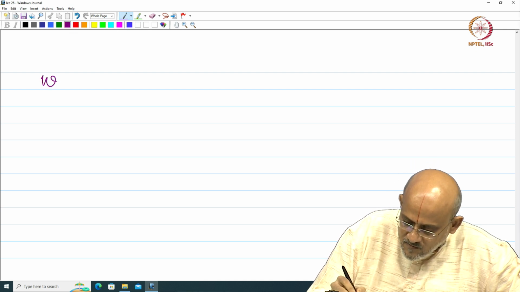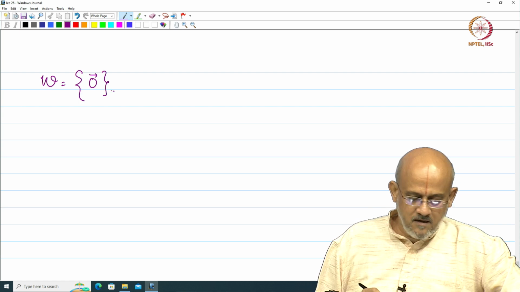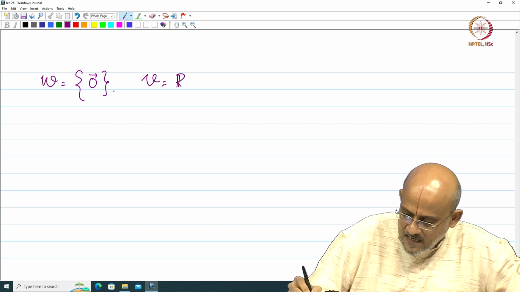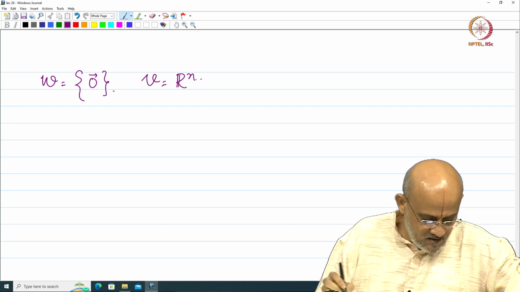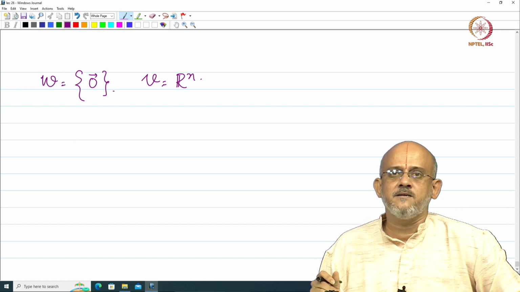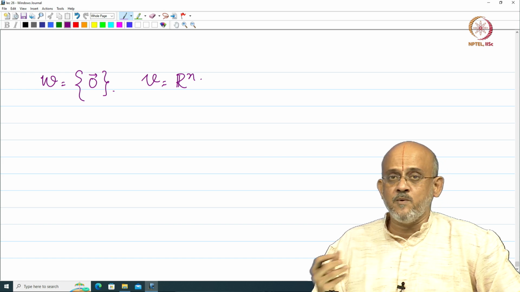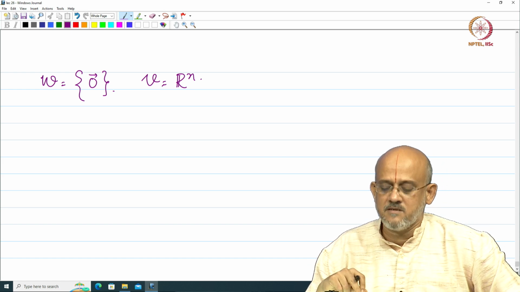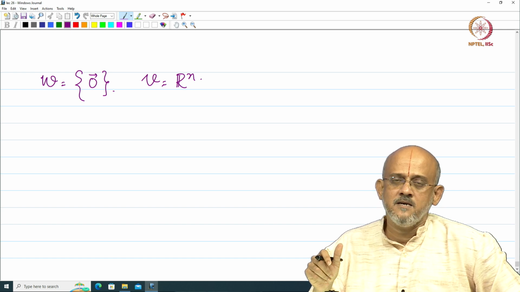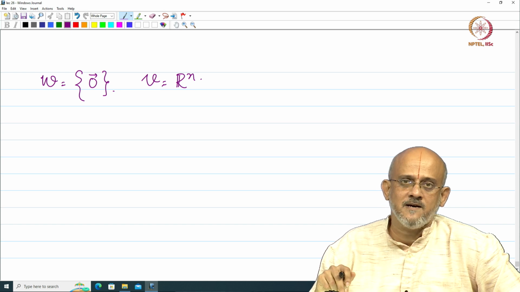Suppose I have W to be the subspace which just contains the 0 vector. This is a subspace of Rn, so let us say the vector space V is equal to Rn. Now, the only vector in W is the 0 vector, and that is a linearly dependent set. So, we want a subset of W which is linearly independent. The only other subset of W is the empty set.